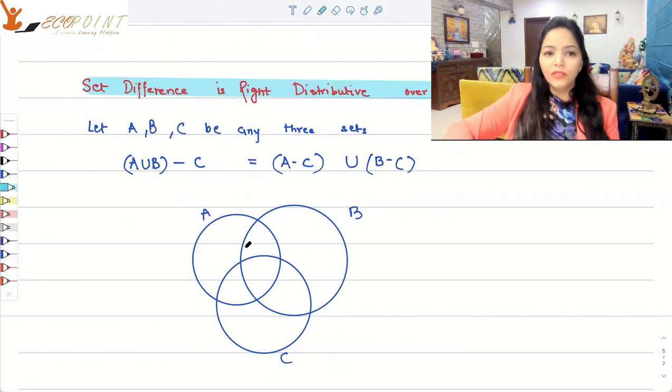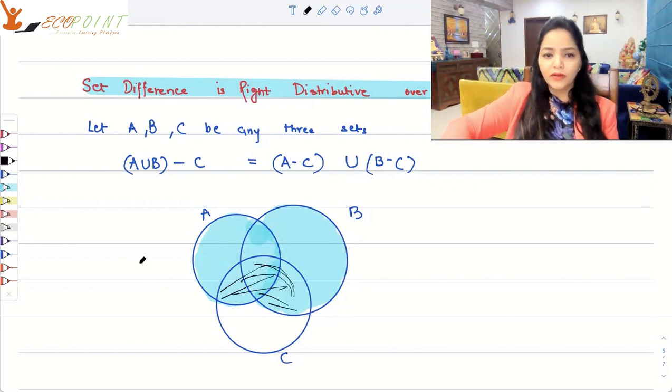So let's check the left-hand side first. Let's take A union B. So A union B will be everything that is either in A or in B, collectively giving you the union. Now I have to subtract C out of it. If I subtract C out of it, that means I will be taking out this part.